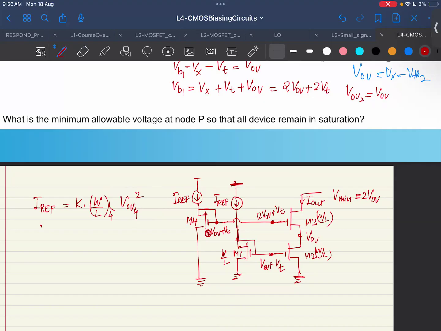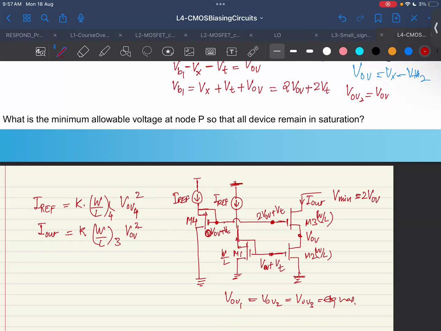So I know that the current is basically the same, right? The same thing is flowing in K, W by L, which is, let's say, 3, and VOV is just VOV here, right? Because we know that all the W by L is the same. So VOV1, VOV2, and VOV3 are going to be equal, right? Because your W by L is the same in all the cases.